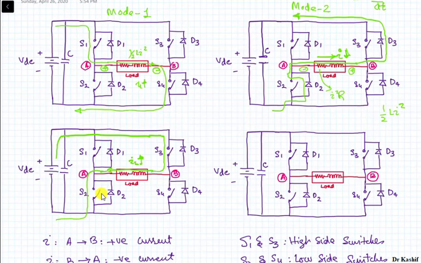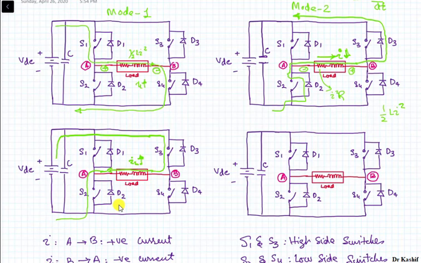So now if we turn off S2 and S3 and we turn on S1 and S4, the current will not flow through S1 and S4, because the current needs to be maintained in the same direction, because there is the inductive load.